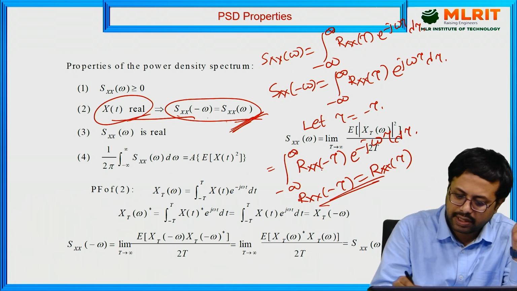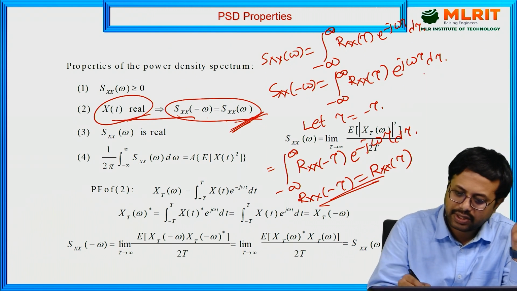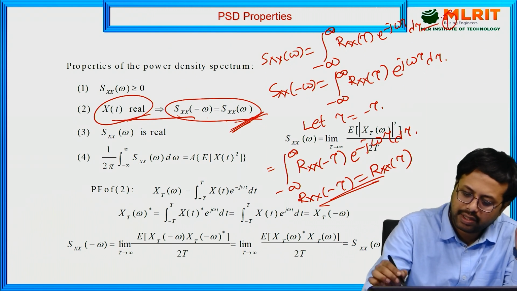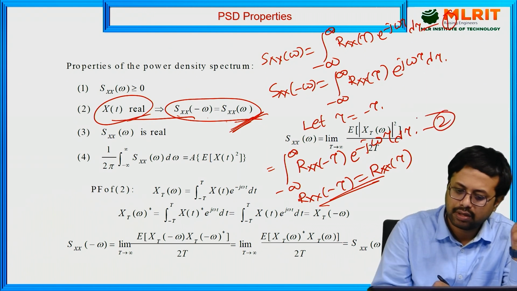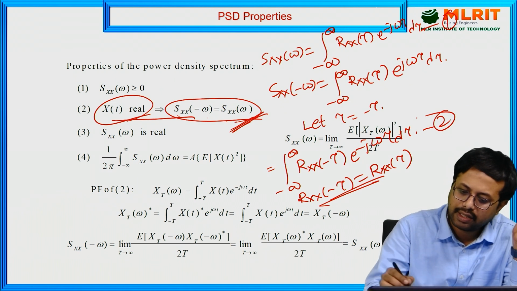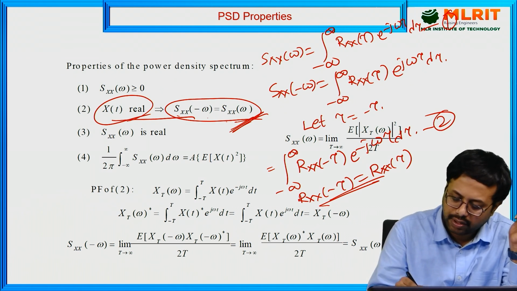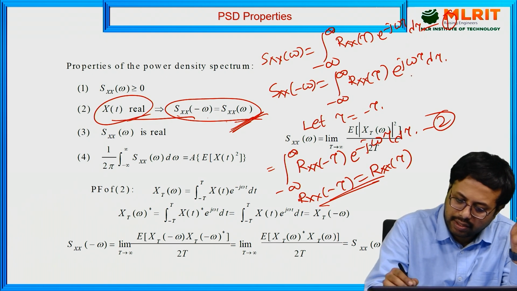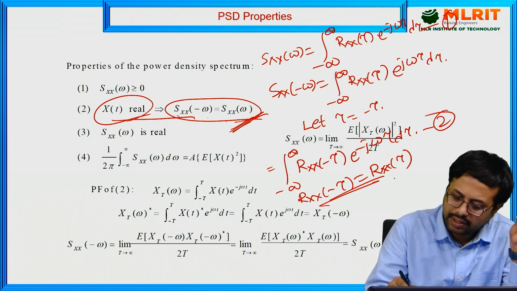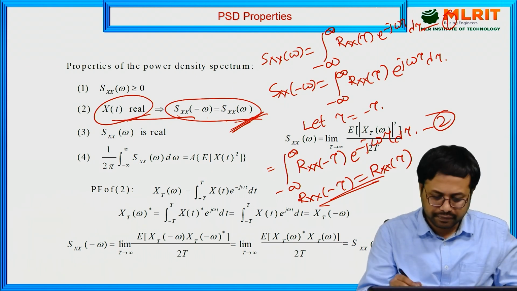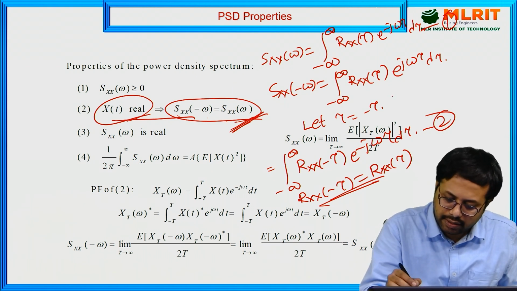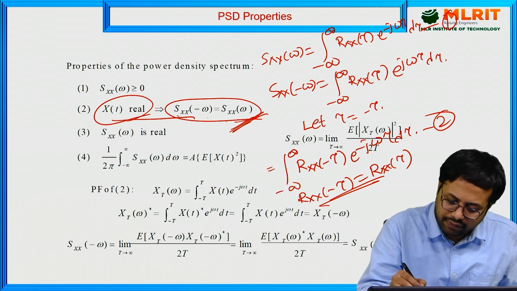Then substitute that, then compare the relation of equation 1 and equation 2. Here what are you having? Is there any difference? No. Then what you have to do is substitute here R_XX of minus tau.